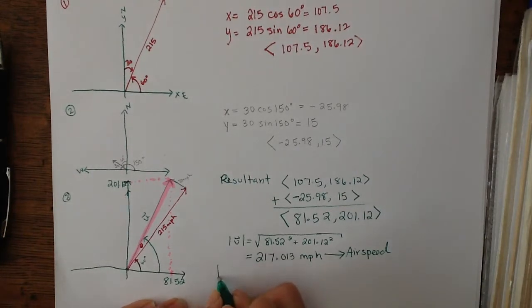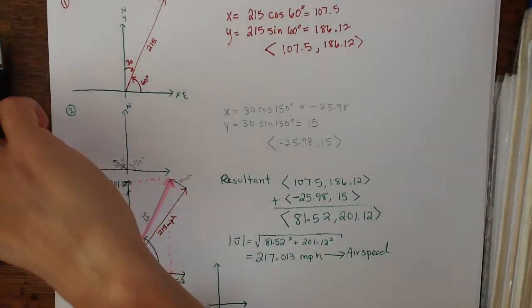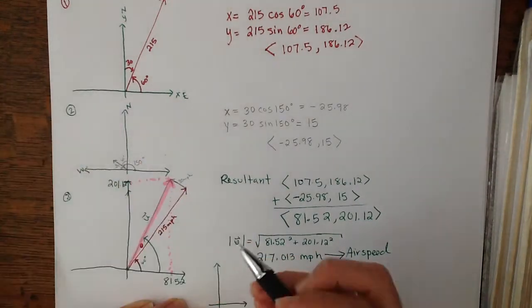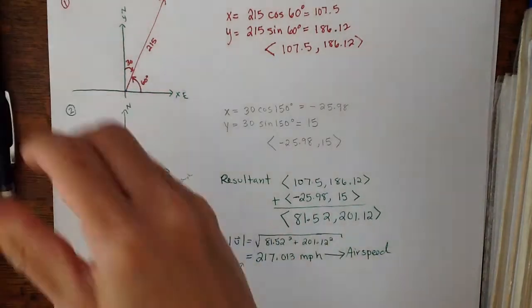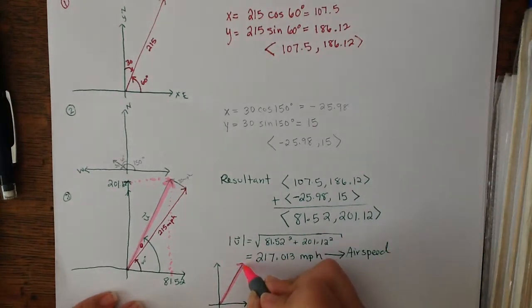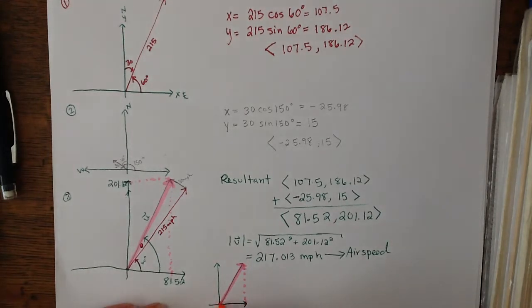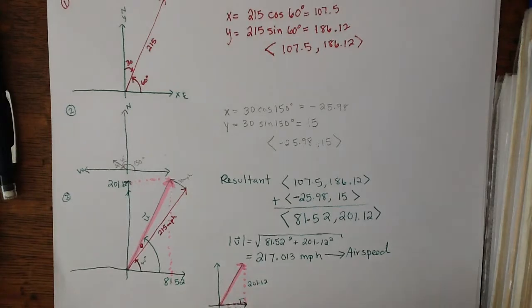If I just look at the resultant, we identified that the vertical component was 201.12 and the horizontal component was 81.52. This is a right triangle in here.